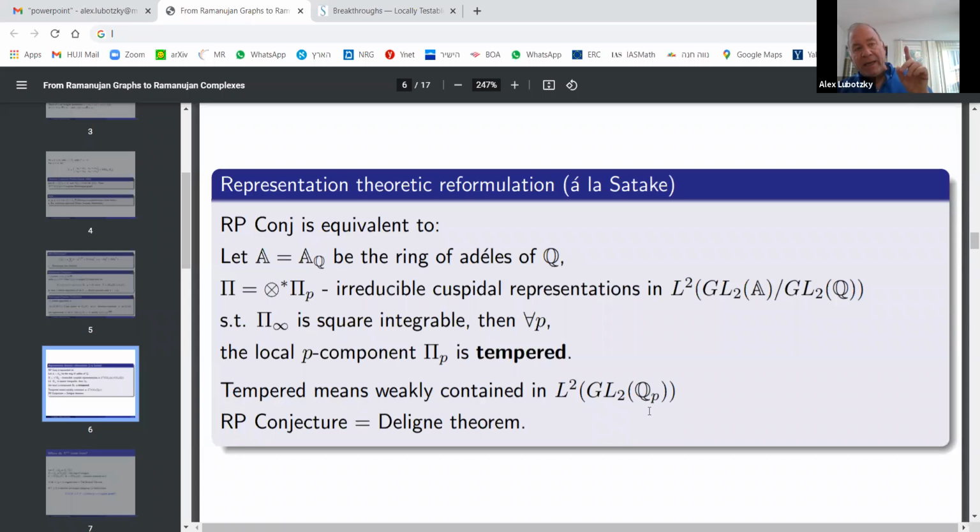Now, what we will see later is that this pi p really appears, to start with, if it appears here in GL2(A) over GL2(Q), then it also appears in GL2(Q_p) divided by some arithmetic lattice there. Namely, it appears downstairs in a quotient.